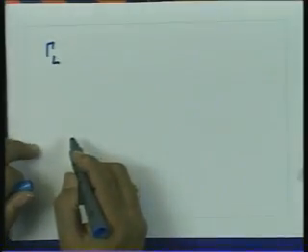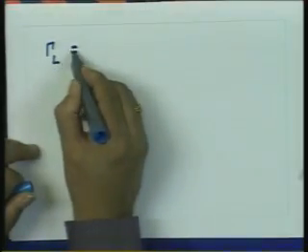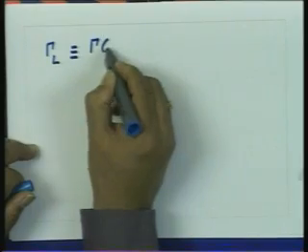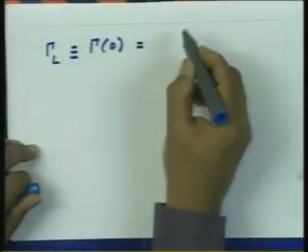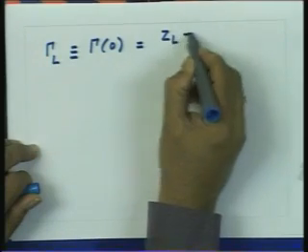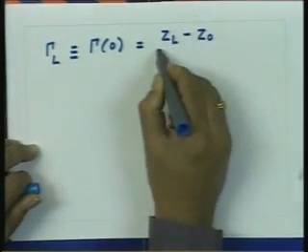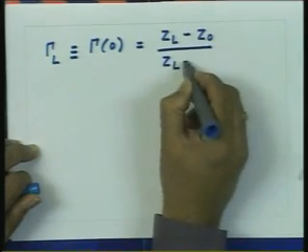If we now invert this relation, we get the reflection coefficient at the load end, which we call gamma L. This is nothing but gamma measured at L equal to 0, which is equal to ZL minus Z0 divided by ZL plus Z0.